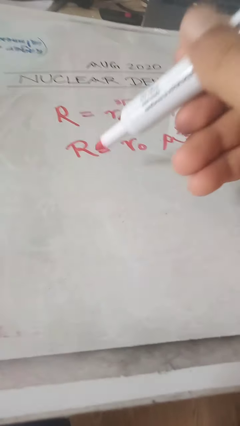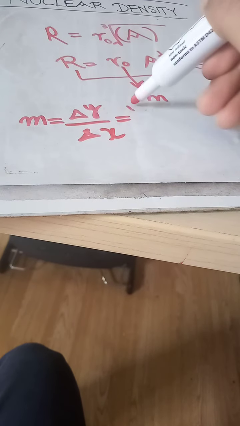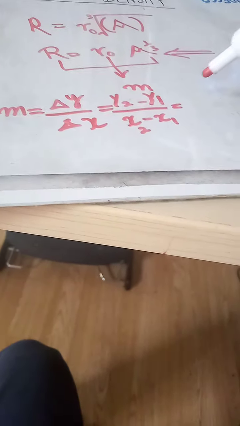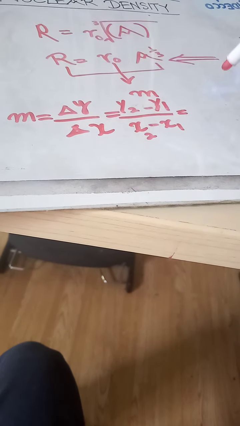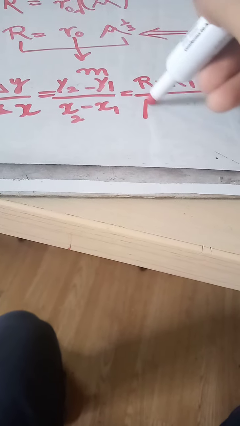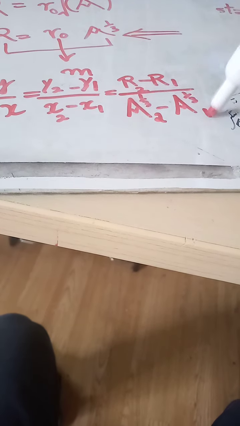Now, if you plotted a graph of this and this, the gradient would be this, and the gradient in this case would be calculated as y subscript 2 minus y subscript 1 over x subscript 2 minus x subscript 1, and then it'll be r2 minus r1 over A to the power third, 2, minus A to the power third, 1.